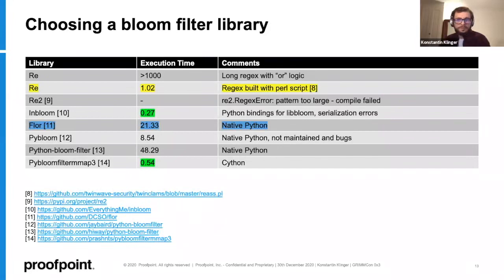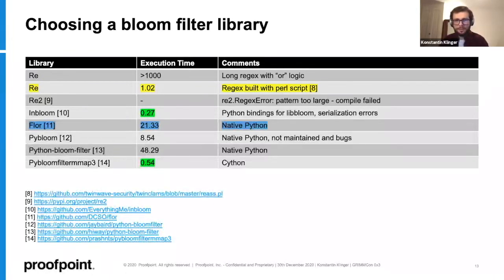Of course, native Python solutions are slower than solutions that are implemented in C and then can be used in Python. So that's the reason why you will see the two green libraries that are really good, because they are implemented in C. But both have some limitations. InBloom has a bug so that you can't load the Bloom filter from a file, and Bloom filter mmap3 had also some issues.